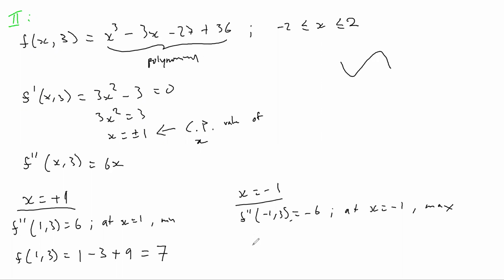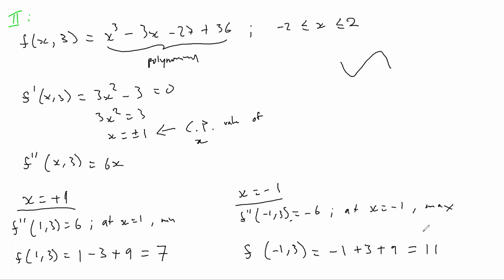While the maximum value is going to be f of (negative 1, 3), so negative 1 plus 3 plus 9, which is 11.